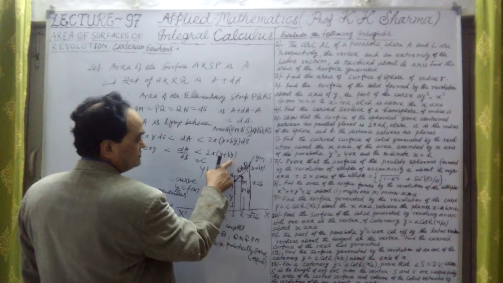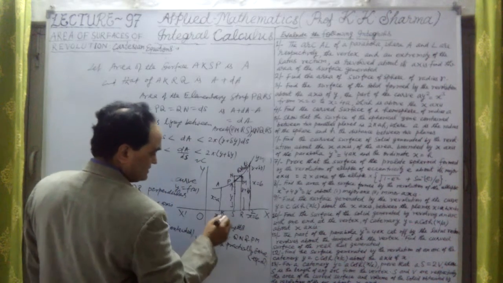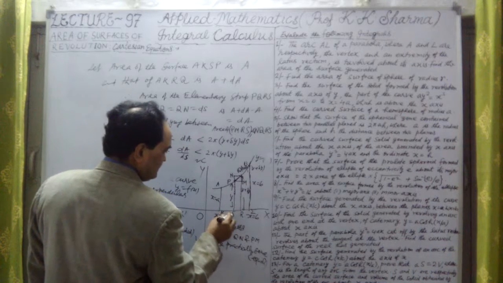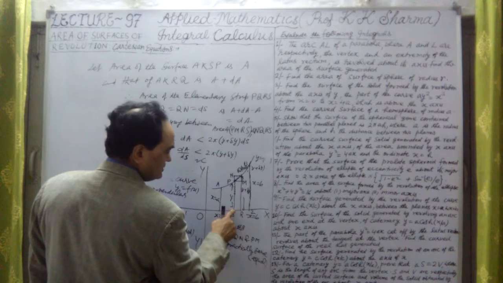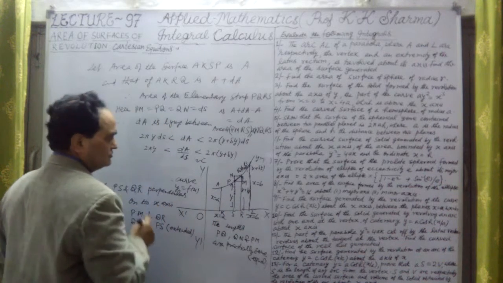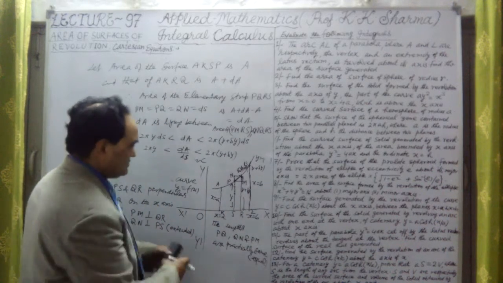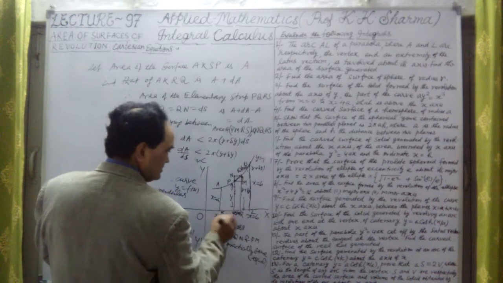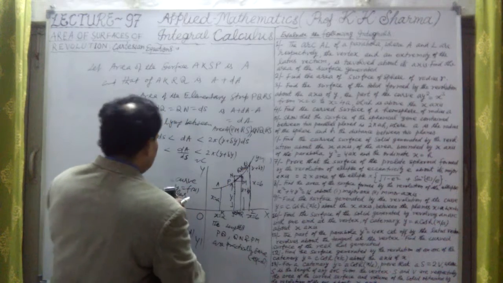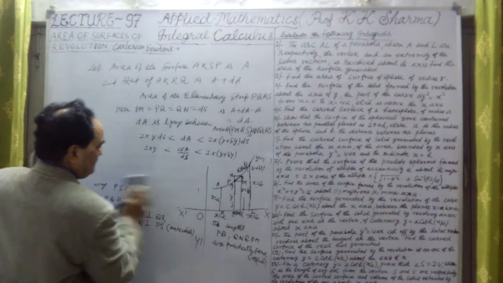When delta y tends to 0 and delta x tends to 0, why? For this dx, this is length dx here. Up to this is x, this is dx. When dx tends to 0, here it is dx, this is dx length, x plus dx.